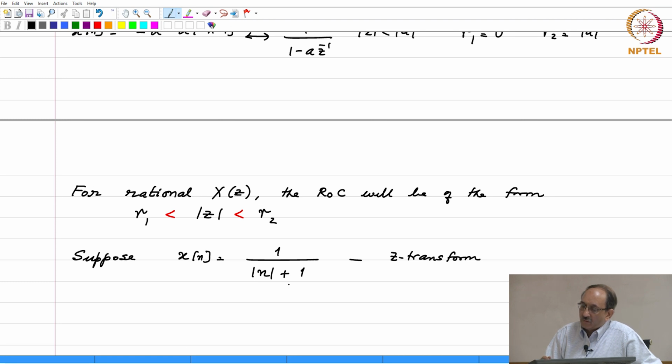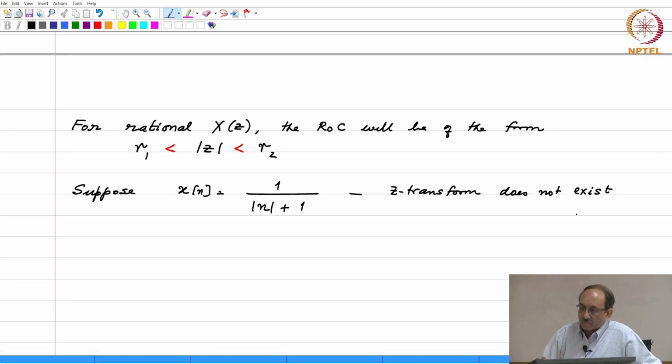We will look at similar examples later very soon, and maybe you will see the reasoning that we are going to make in those cases will apply here also. No, that's not right. Here the Z transform does not exist. We will make a remark later about sequences like this.